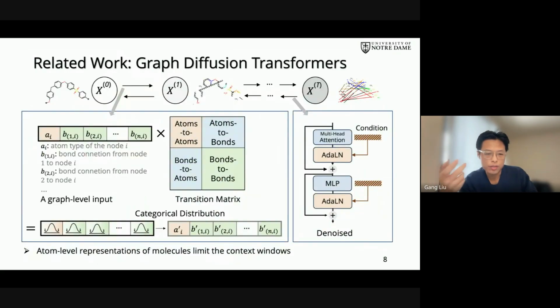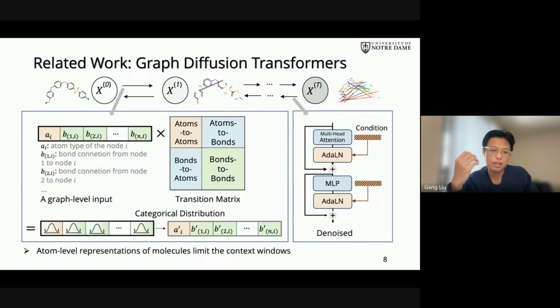Okay, now the graph diffusion transformer is good, but it has one limitation if we want to use it as a foundation model. Because the graph diffusion transformer works on an atom level representation of molecules, in each token of the graph level input, you can see it has one single atom type.